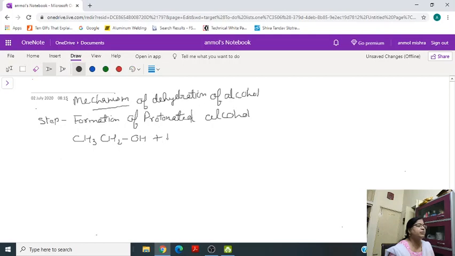Alcohol reacts with the proton, it forms protonated alcohol, and this is a reversible reaction.